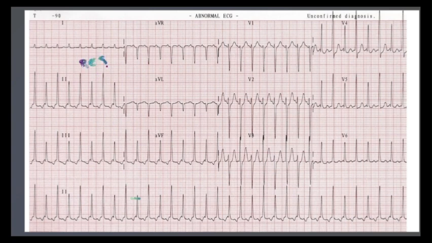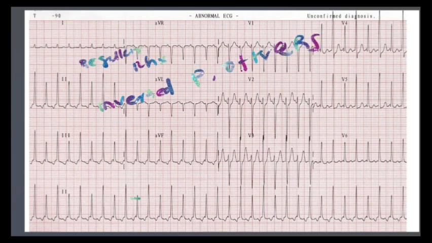One is regular rhythm and inverted P wave that is after the QRS complex. And if we take this QRS complex, it's narrow. So these are enough for us to diagnose that this is SVT.